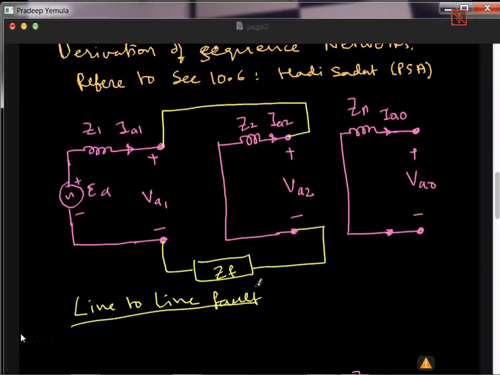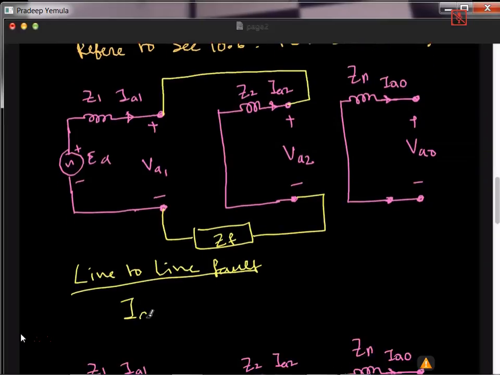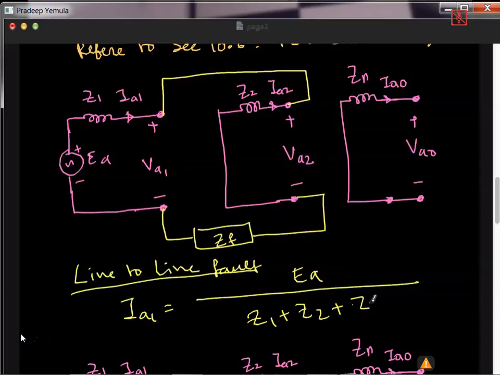So what is the formula? If I want to find IA1 in this, what is IA1? IA1 is nothing but the total voltage EA in the numerator, and the total impedance Z1 in series with Z2 in series with ZF. That's all. So Z1 plus Z2 plus ZF.